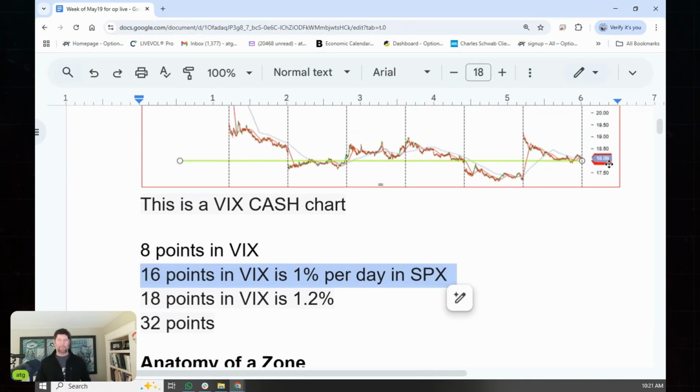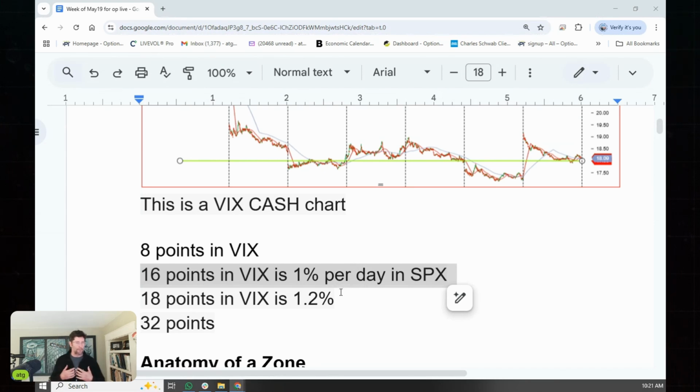And like I said, we're pinned here at 18 until Congress gets its act together or doesn't, whatever they're going to do. So that's slightly above 1% per day. And the last time I looked at the market, we were not doing that. We're down a quarter of a point. So VIX is holding here at an 18, but we're only moving, we're down what, 0.25%.